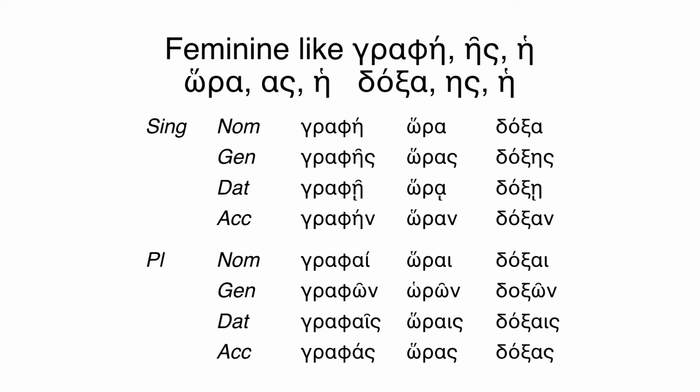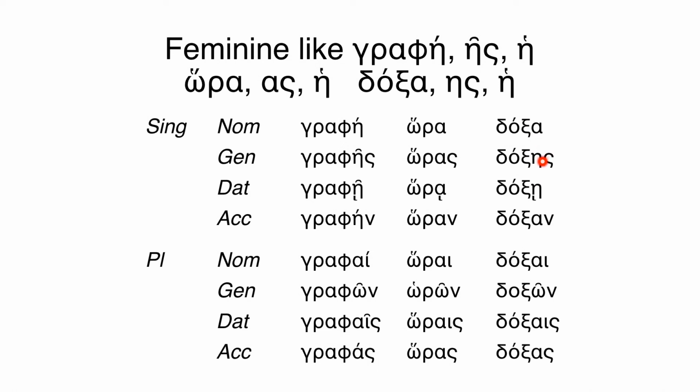So let's look at the singular endings for doxa. The feminine singular nominative of doxa is doxa. The alpha is just like the hora ending. Then we come to the feminine singular genitive form, doxes. Now this one is not like hora, which is alpha sigma, but is like grafes, eta sigma. So what we see with doxa is a blend of these two paradigms. We have a hora ending in the nominative.